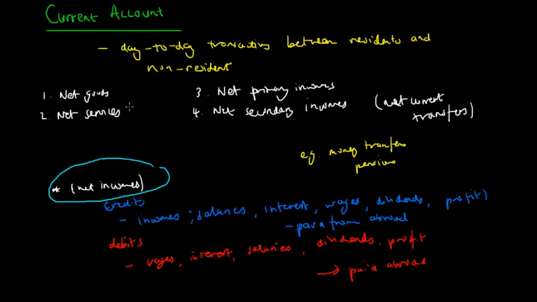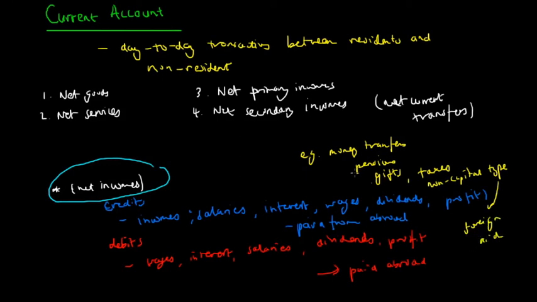But net secondary incomes is different because there's no two-way street. There's only a one-way transaction. So if your auntie gives you $100 from England for your birthday, you don't have to give anything back. So that's the difference between net secondary incomes and net primary incomes. So it includes money transfers, pensions, gifts, taxes, and other non-capital type foreign aid. Just write foreign aid here.